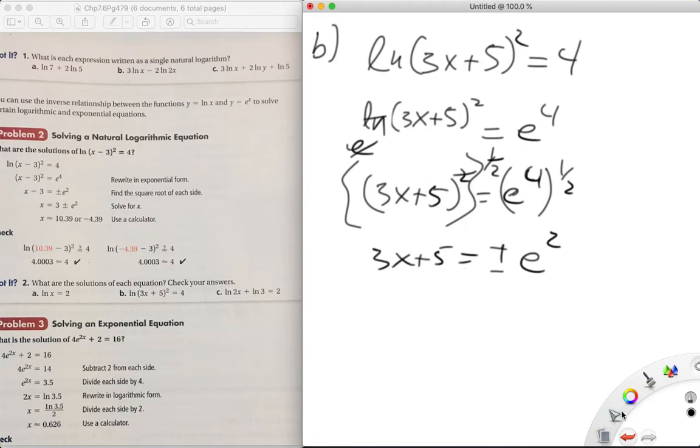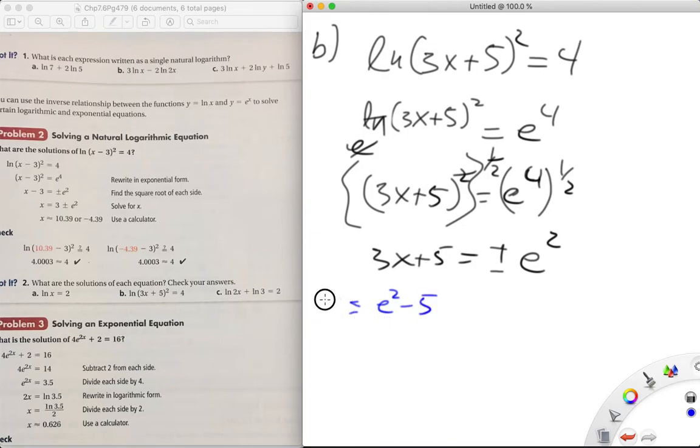And so I have to solve it for two different scenarios. For scenario number 1, 3x equals e squared minus 5.